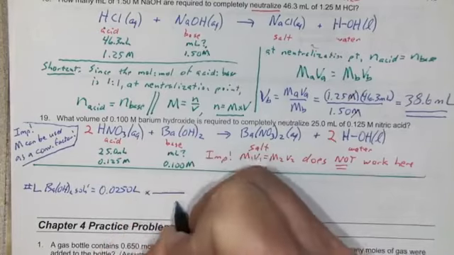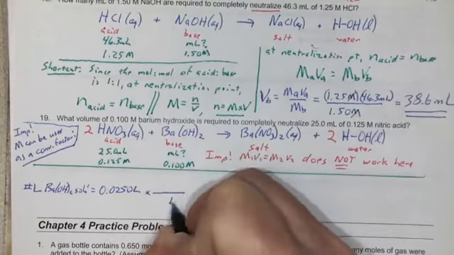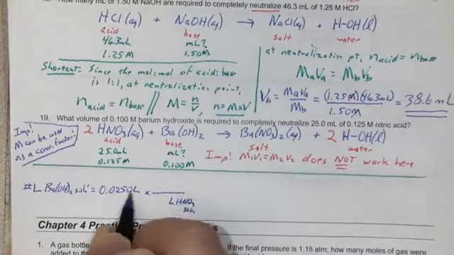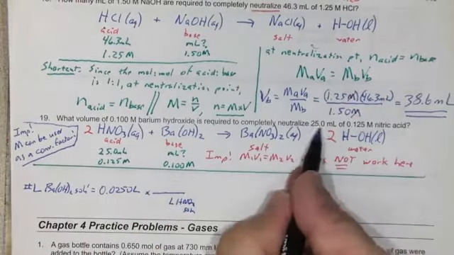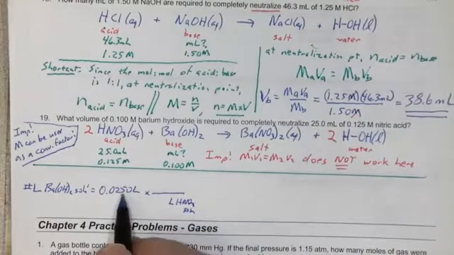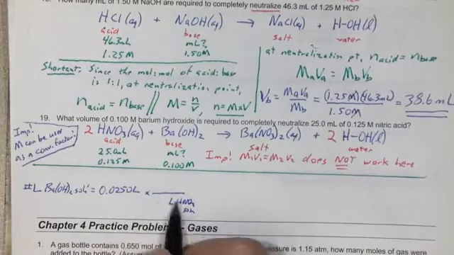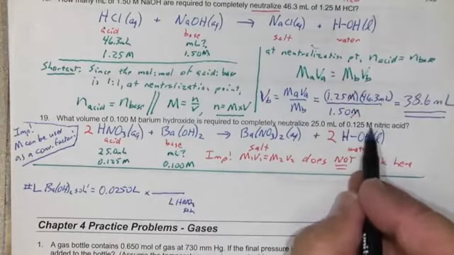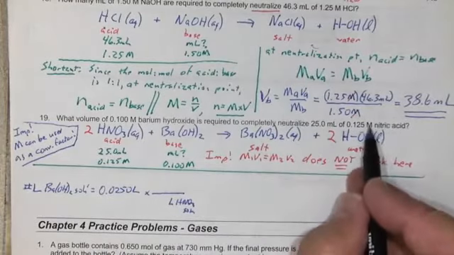So I need to get liters of HNO3 solution down here. I didn't write liters of nitric acid solution, but that's what it is. I converted 25 milliliters to liters. And what is my conversion factor? Well, it's molarity. Remember, anytime you see capital M, I think moles per liter, and I can even replace it with moles per liter.